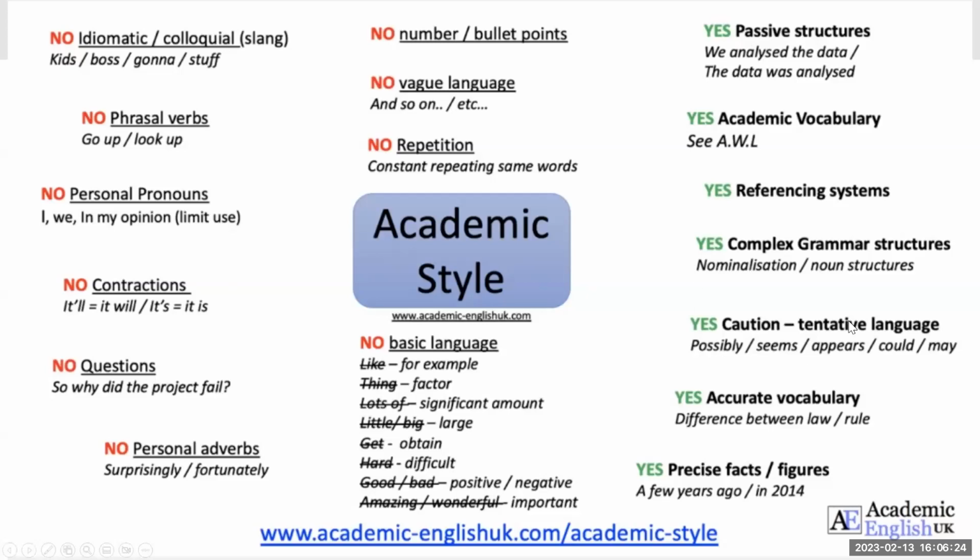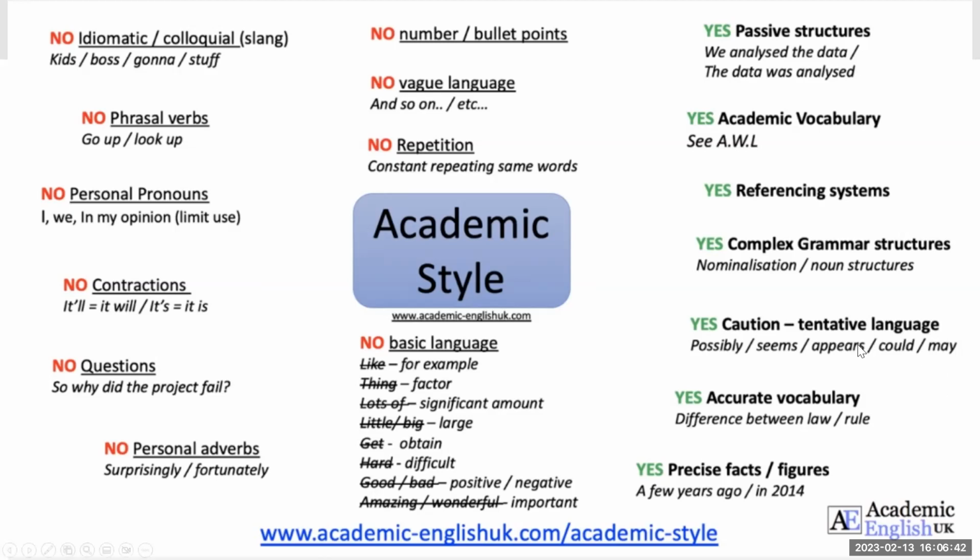These things are all important in terms of academic writing, that there's likely to be passive structures, there's likely to be a need for referencing, citations, more complex grammar structures than they're used to.